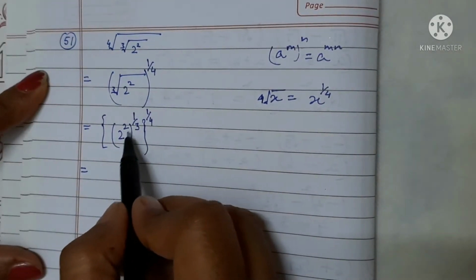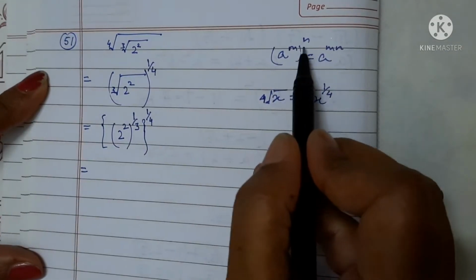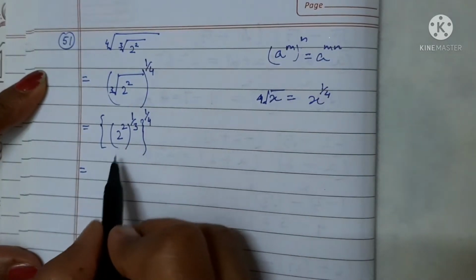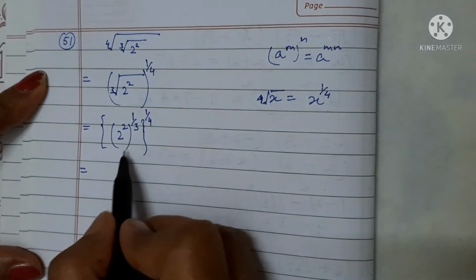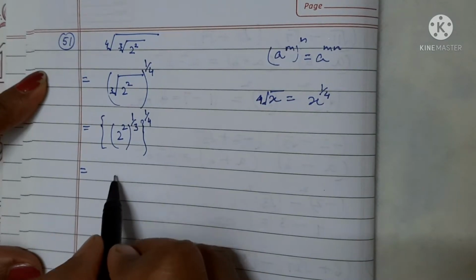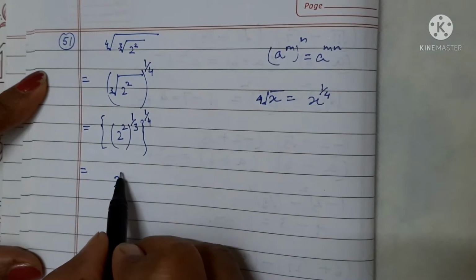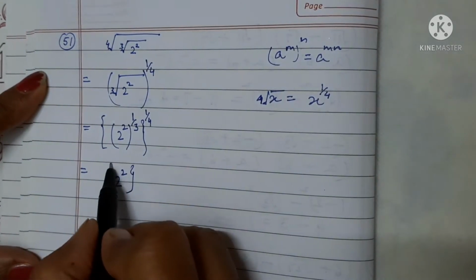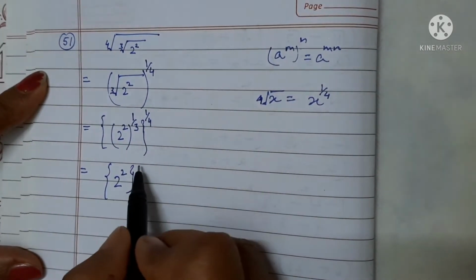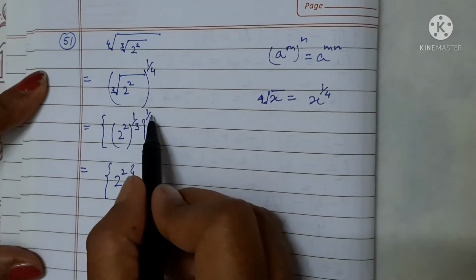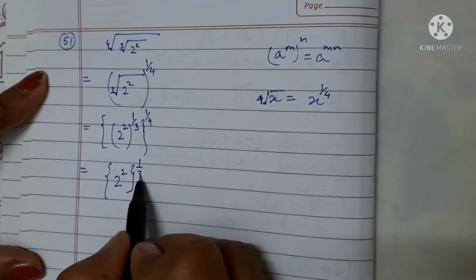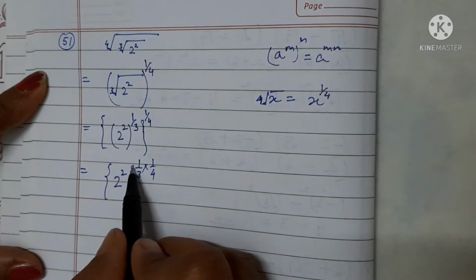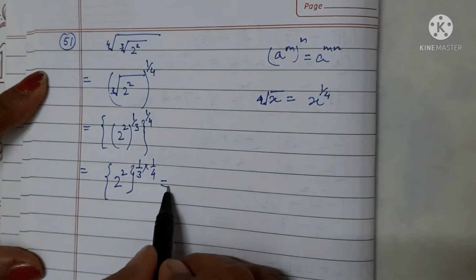Now these are in the form of a to the power of m to the power of n. So how to solve it? First you multiply the external powers. So 1 upon 3 into 1 upon 4. Now this 2 also will be multiplied in the next step.